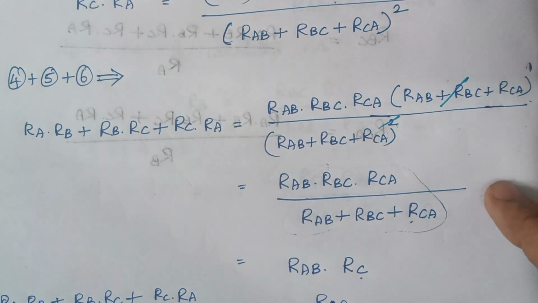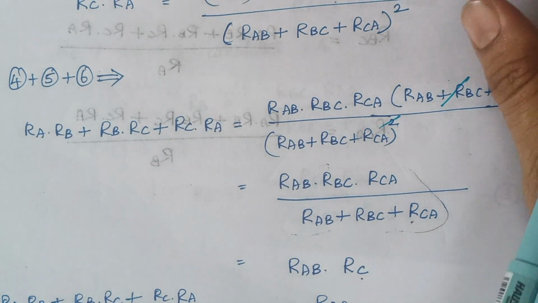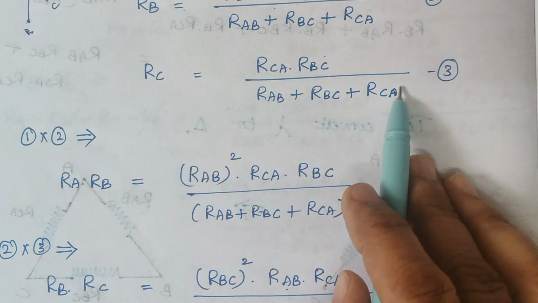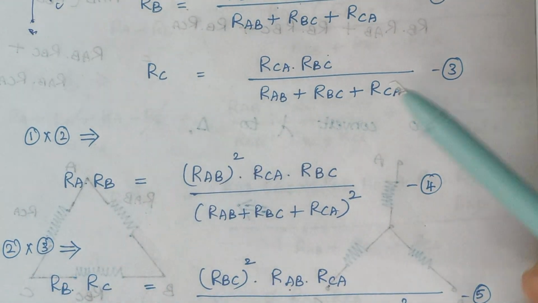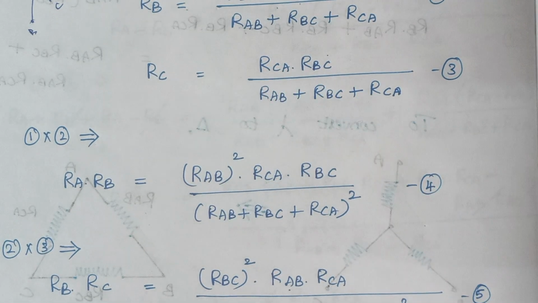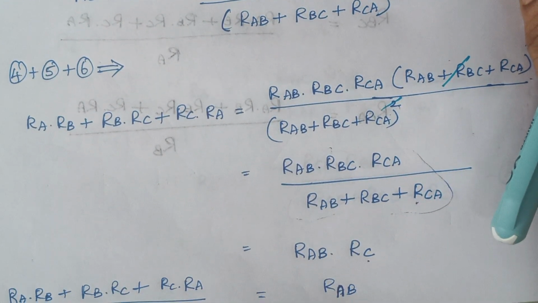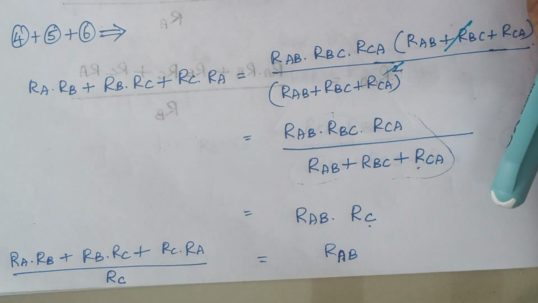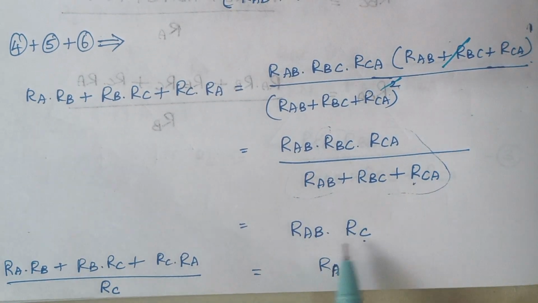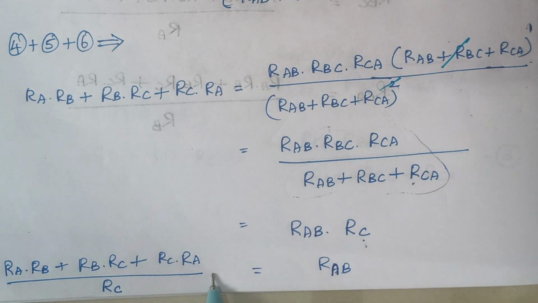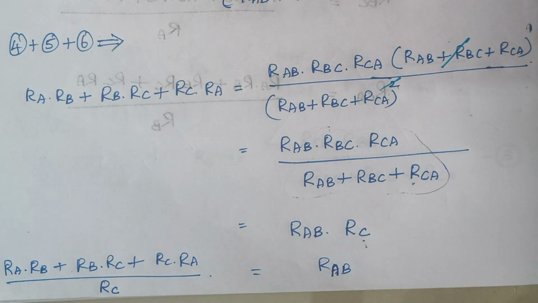We have already obtained this expression for RC, so we are replacing these entire terms by RC here. When you replace, our expression gets modified like this. We need only RAB, so just move this RC to the left hand side. Finally this is our expression.